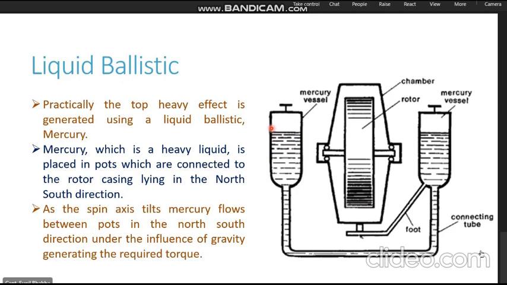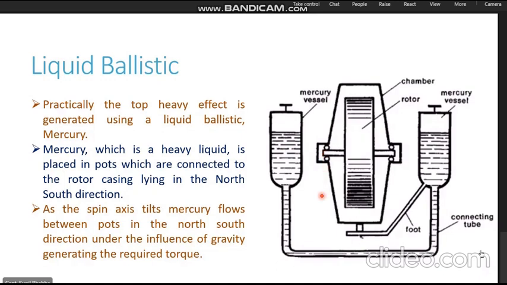Now when more mercury is present in the south pot, it becomes heavy, and this south pot becoming heavy now starts to generate a downward force acting on the south end of the spin axis. The south pot is heavy, so it generates a downward force on the south end of the spin axis.